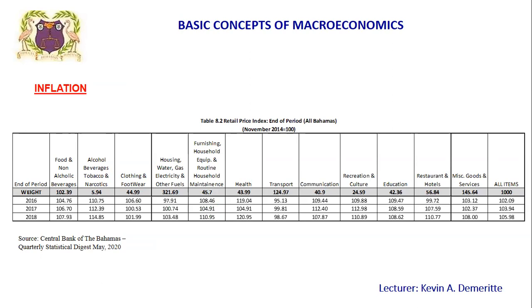But what we can say is, if the total weights of all categories add up to 1,000, you certainly can work out the percentage. For example, for miscellaneous goods and services, you do 145.64 divided by 1,000, and you get 14.564%. You can do that. Okay.